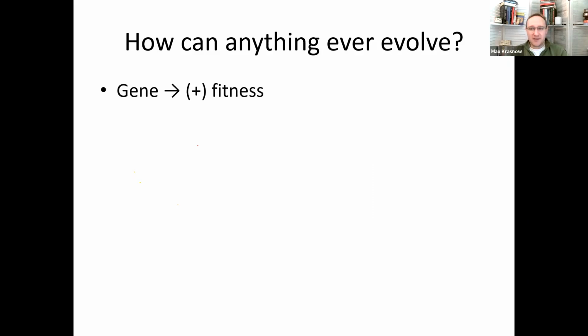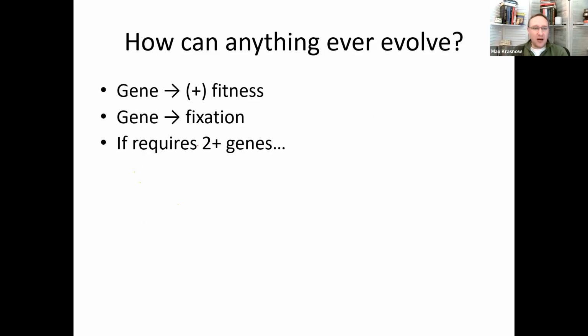For simple things, where a single mutation is enough to produce a reliably positive effect on fitness, that gene can spread to fixation, even in a sexually reproducing population, because every offspring that it finds itself in, on average, is going to have more kids. And so it's likelier to be passed on in greater numbers, and so that gene will spread.